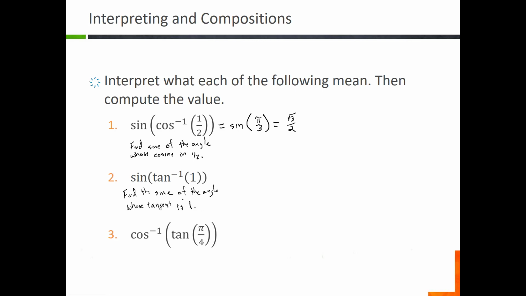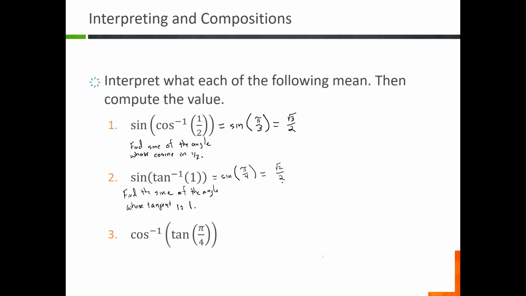Okay, so just think about, what is the angle whose tangent is 1? Well, we know tangent is 1 when the x's and the y's are the same. When are the x's and the y's the same? Well, they're the same at a 45-degree angle. So that means we have a pi over 4 angle. So we're trying to find the sine of that pi over 4 angle.